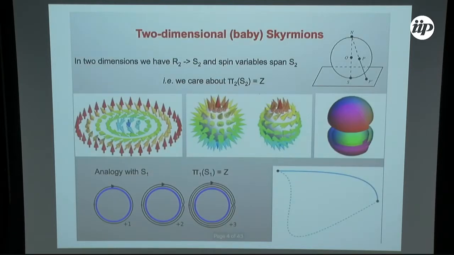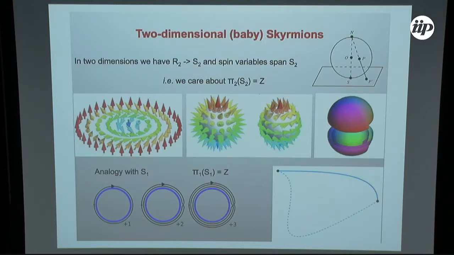Okay, so let me describe what are these two-dimensional skyrmions. Essentially we have a model defined on R2, two-dimensional space, and the target space, because of this constraint, is S2.